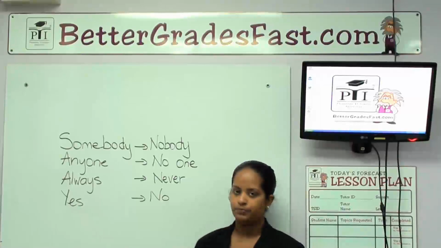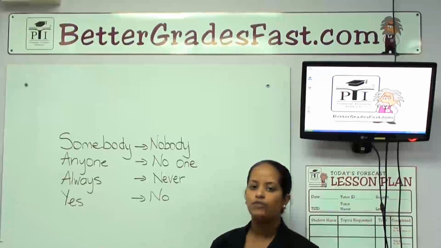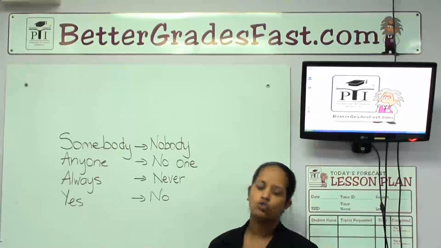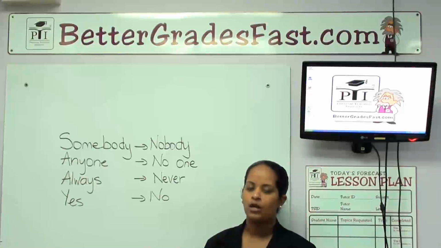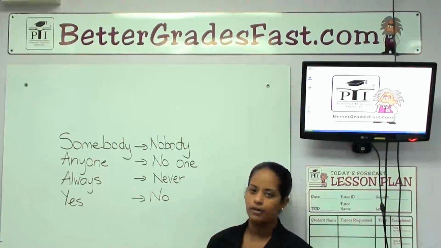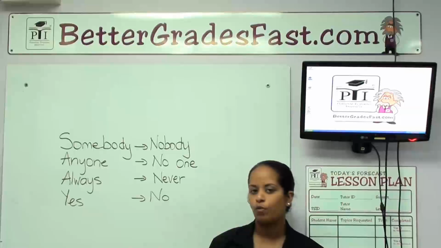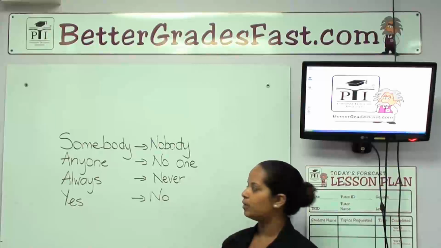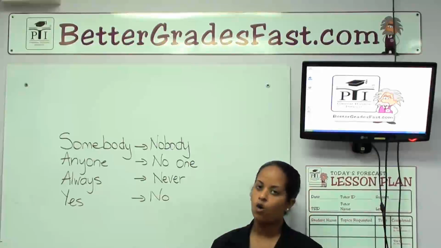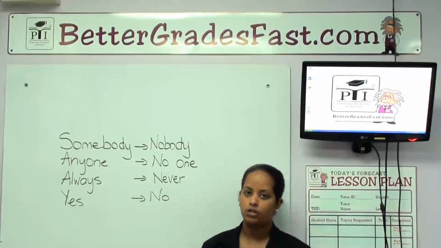For example, if you need to change a sentence that says, no one can drive that car, and you need to make it affirmative, you change no one to anyone. Another option can also be someone. So instead of no one can drive that car, you will end up with anyone can drive that car or someone can drive that car. Both will be considered correct.